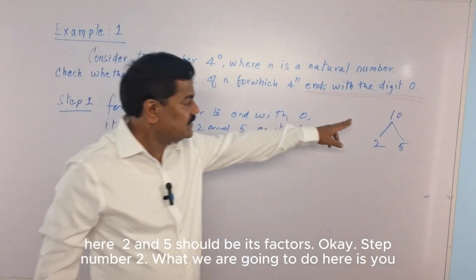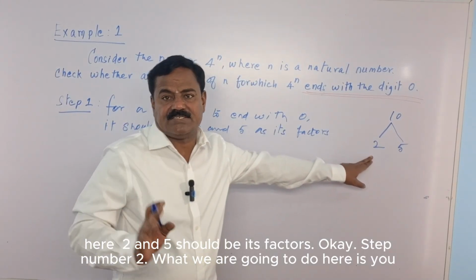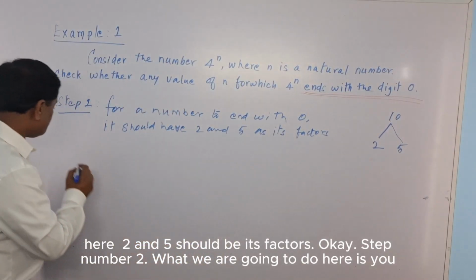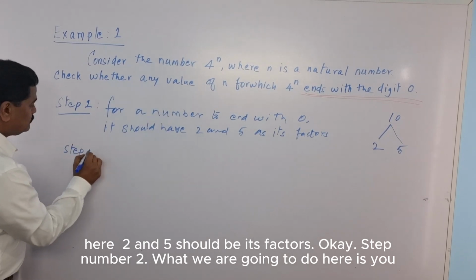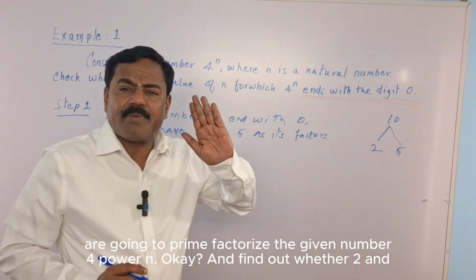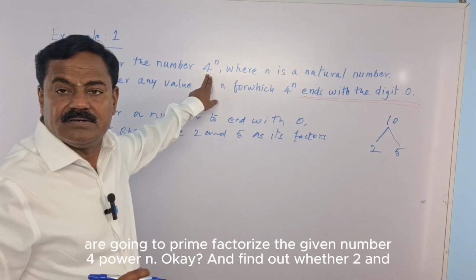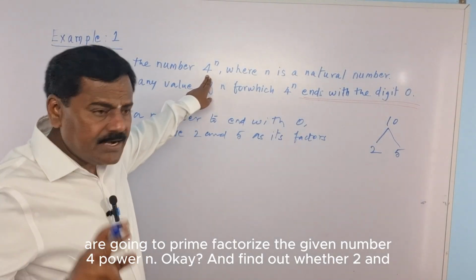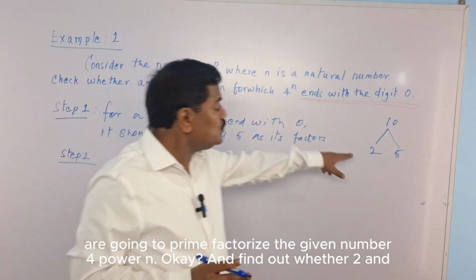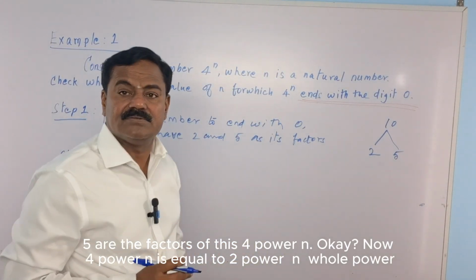As we have seen here, 2 and 5 should be its factors. Step number 2: you prime factorize the given number 4 power n, and find out whether 2 and 5 are the factors of 4 power n.